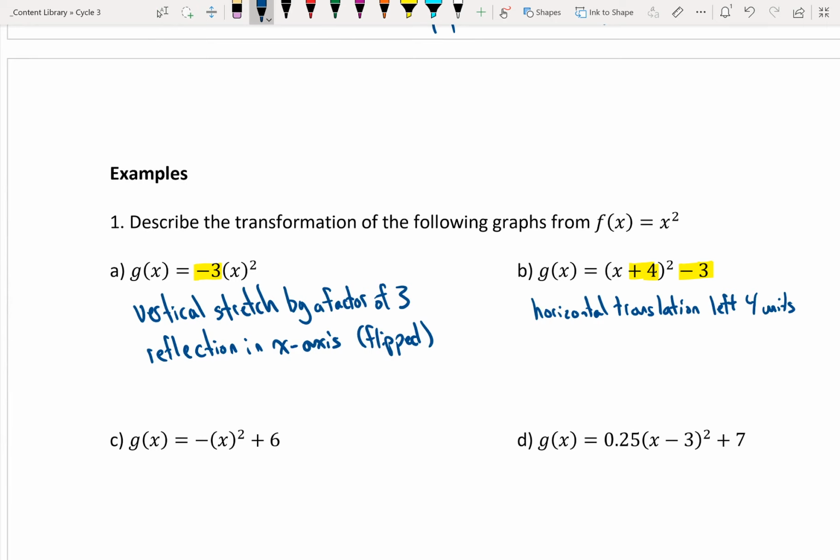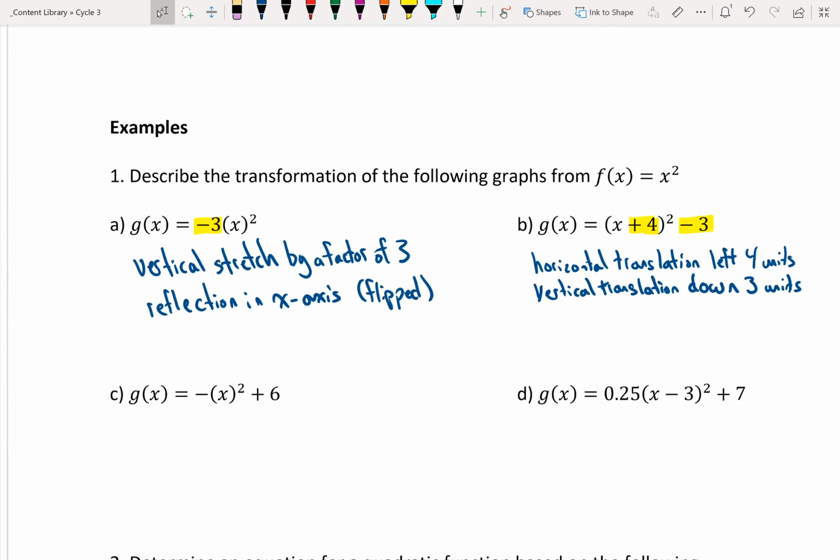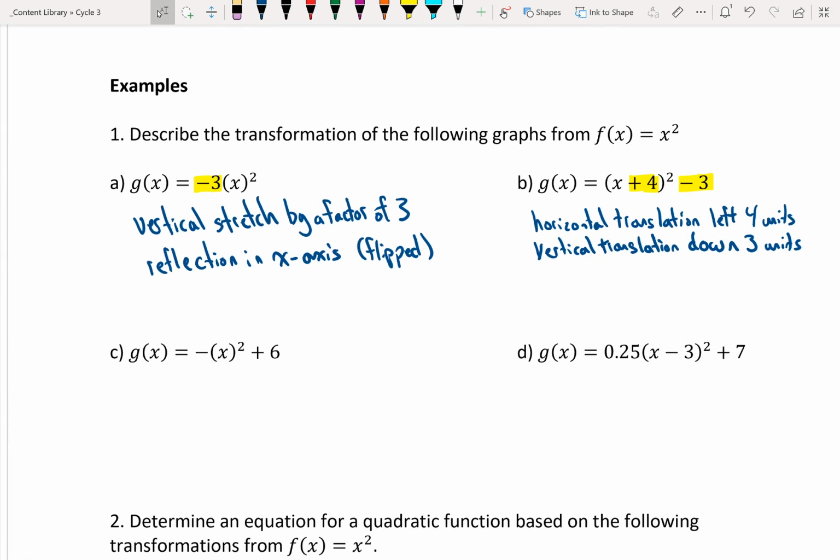And our -3 at the end, that's the K value, so that has to be dealing with a vertical shift or a vertical translation. Again, for the K value, you just take the number as is, so it's negative, which means we move down. So vertical translation down, and it's 3 units. For C, we still only have 2 things to look at.